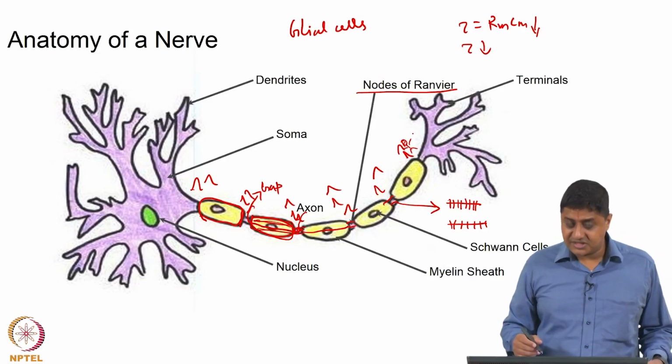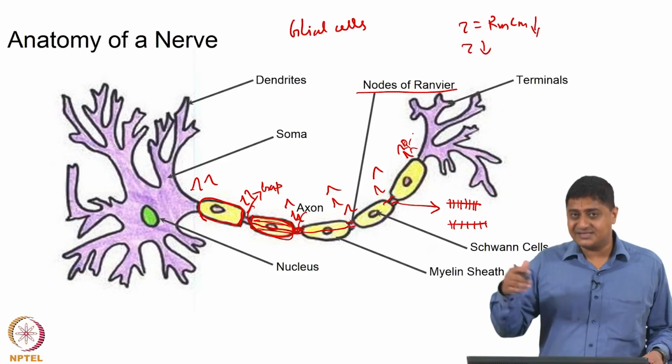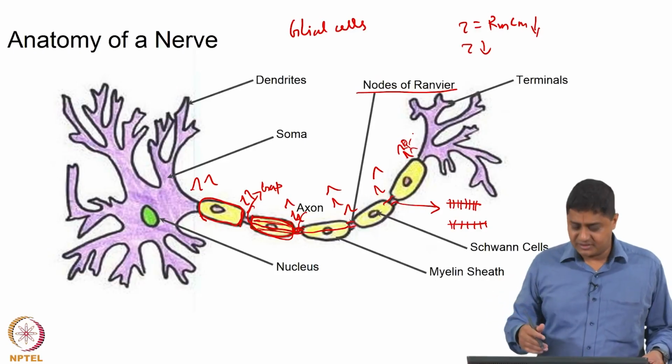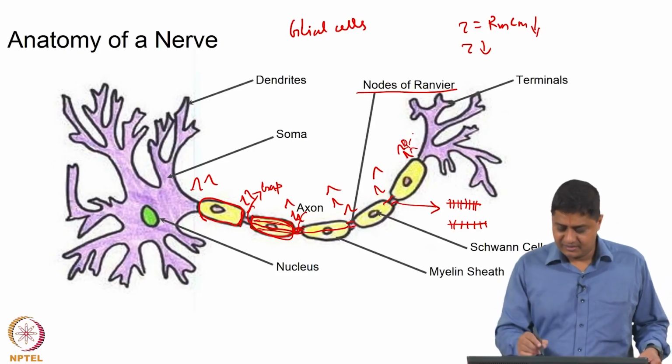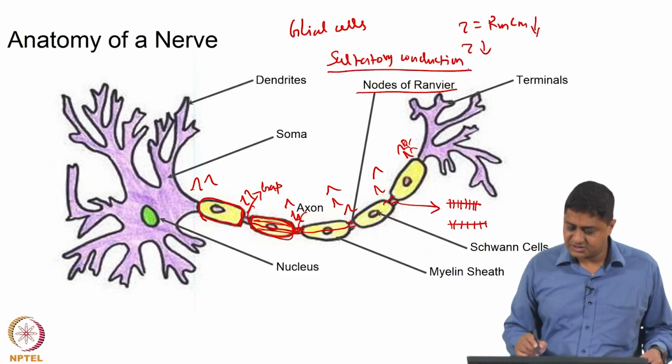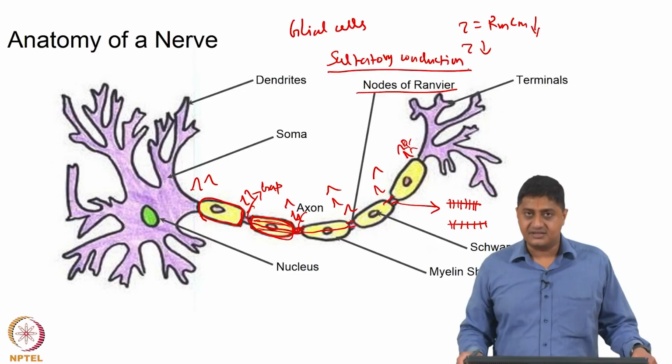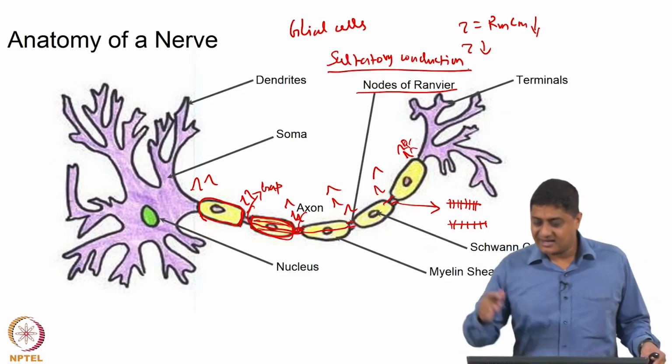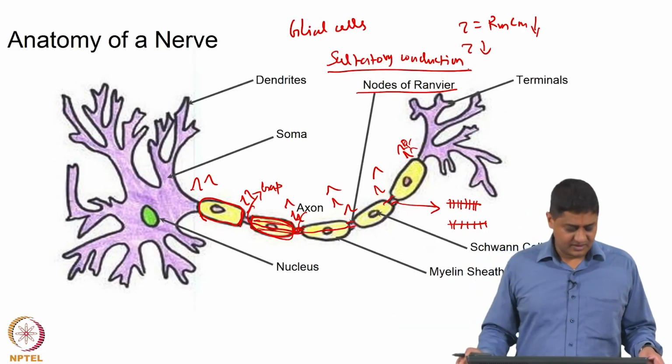So, this situation, an appearance of conduction as if it is jumping, is called saltatory conduction. Salt or saltatory has its roots in dance, as in jumping conduction.